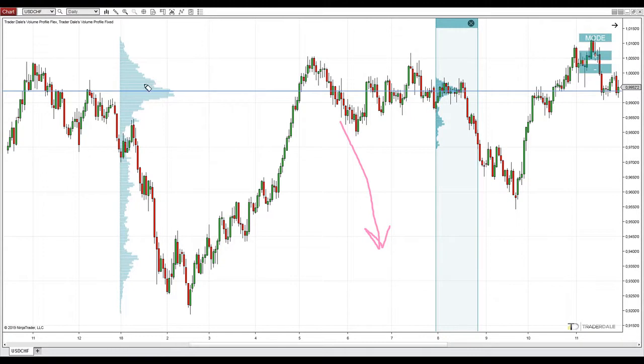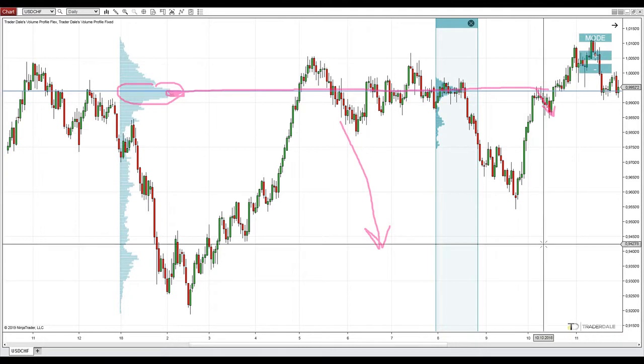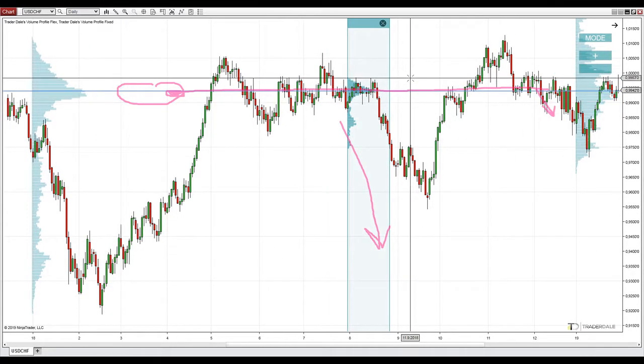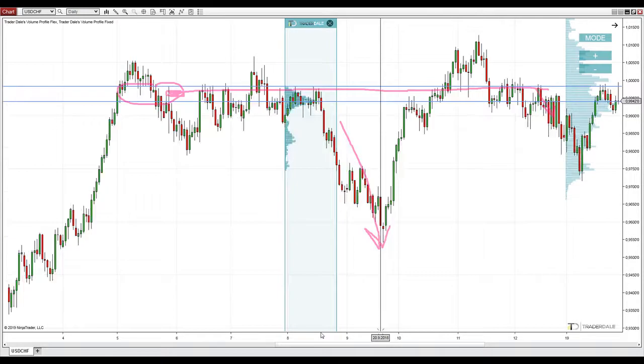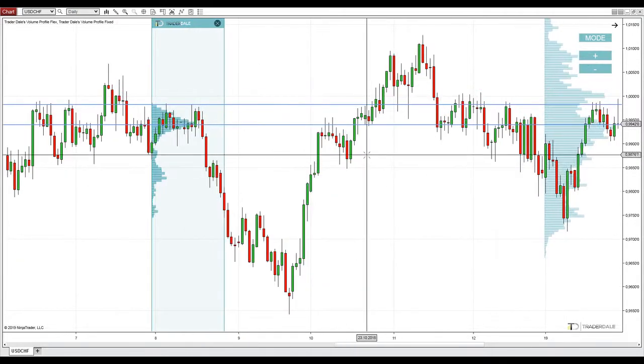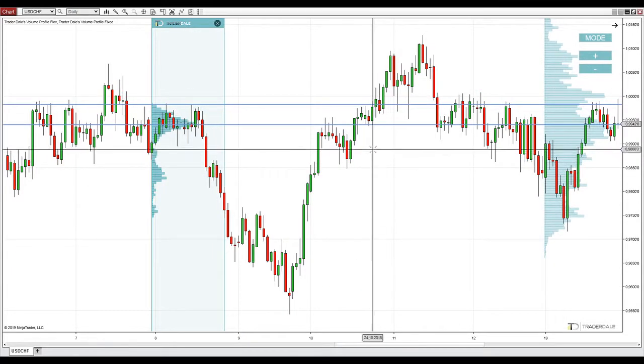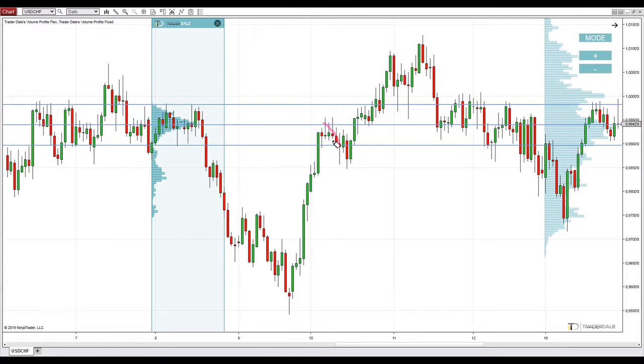It was a yearly point of control, as you can see in here. Heaviest volumes throughout the whole year got accumulated at this level. This was the reaction to the level. Stop loss for this trade was in here, and take profit for this trade was in here. So this was the trade which I took right there, this movement.